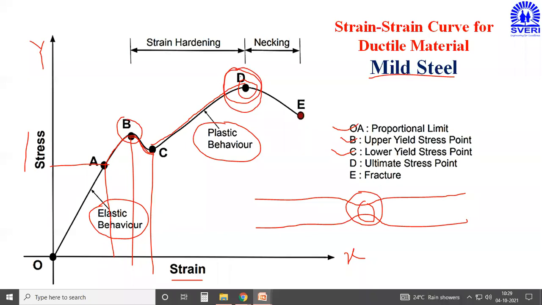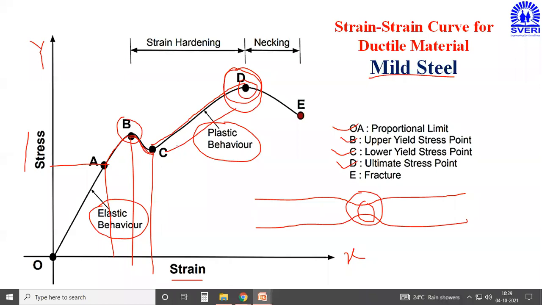Whatever stress is induced at this point D will be considered as the ultimate stress point. So once again, I will explain what the portion CD represents. Stress increases as well as strain increases, but they are not directly proportional to each other.